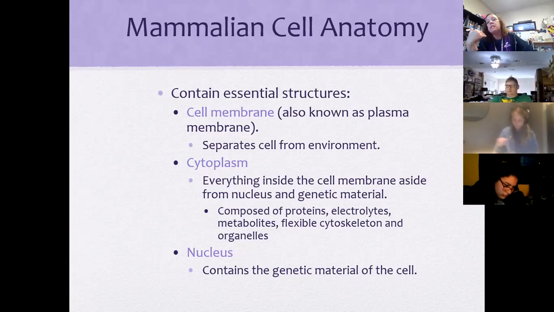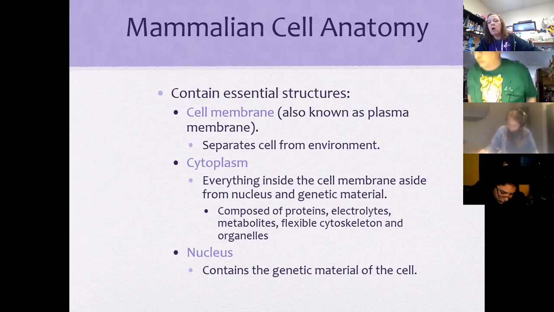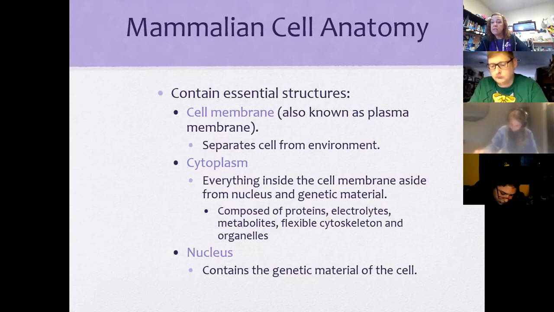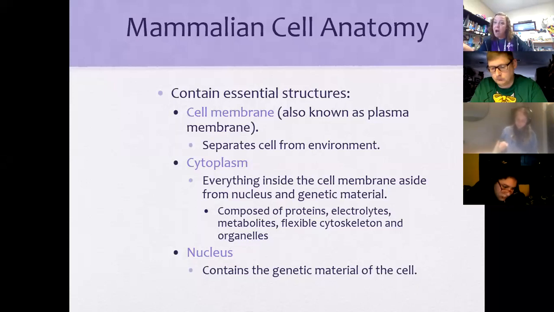Just like our skin serves to protect us and regulates what goes in and out, same with our cell membrane. Sometimes we also call it the plasma membrane. And it is the structure of this membrane that helps to regulate and keep some stuff in and allow some stuff out and allow some stuff in, but to keep most of it out.